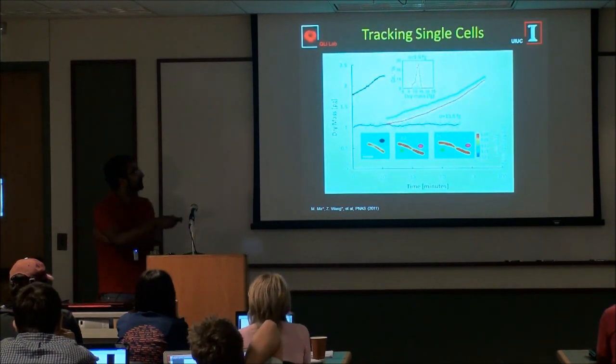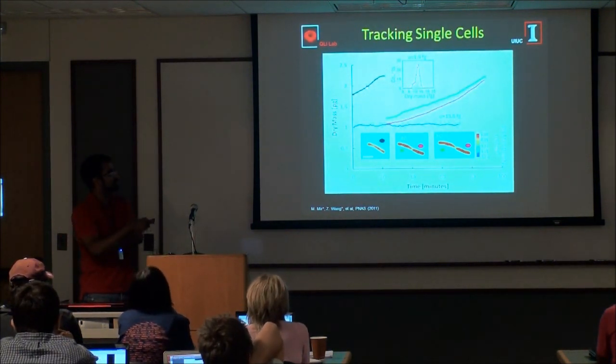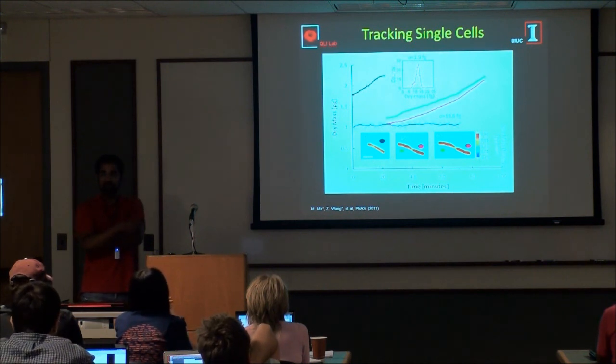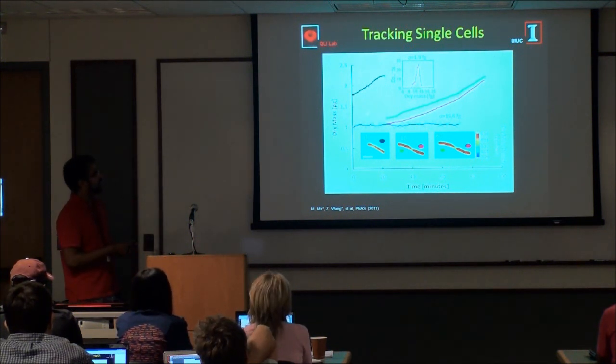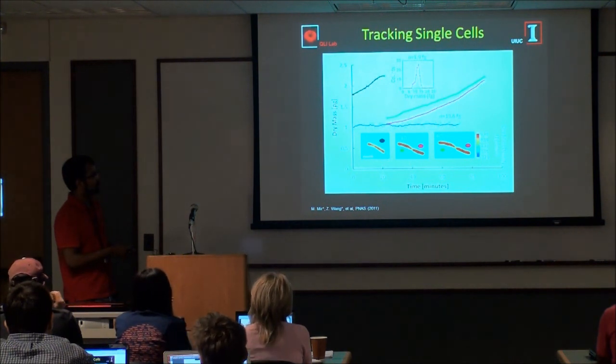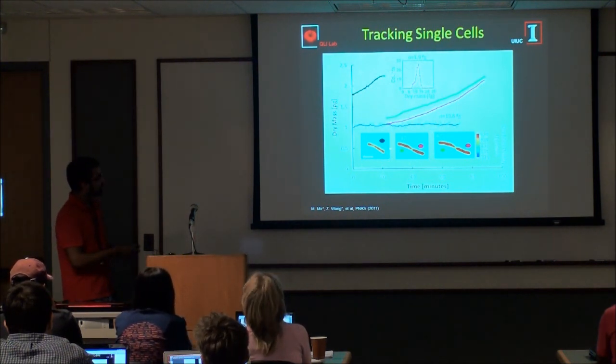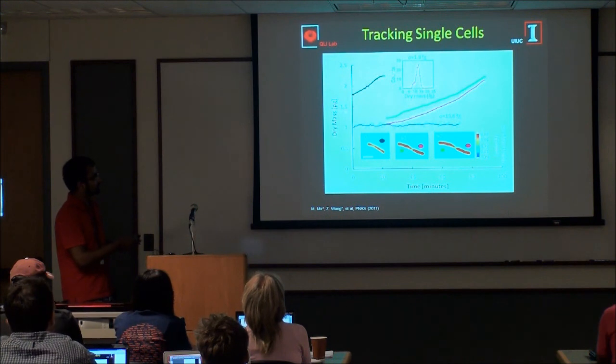So this is an example that is meant to show that we can track single cells. And the idea here, we went to E. coli cells first because it's a nice simple model organism and it's well studied. And so this is the dry mass density map, or the SLIM image. And the black line corresponds to this cell.